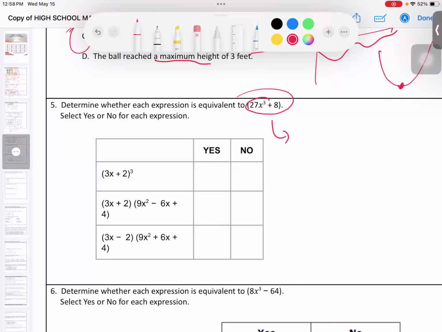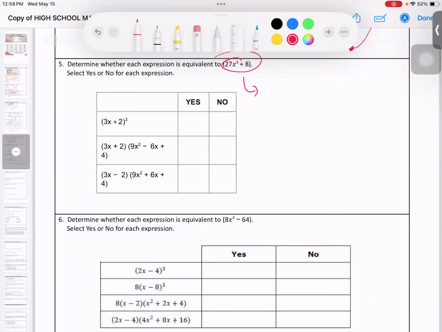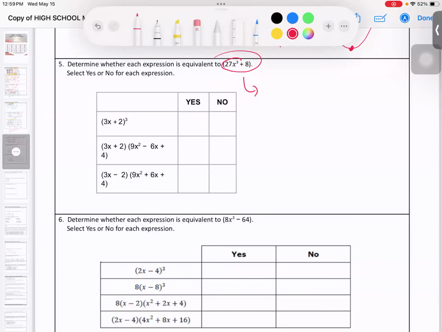Do it on your board. I mean, what is it equal to? It's okay.